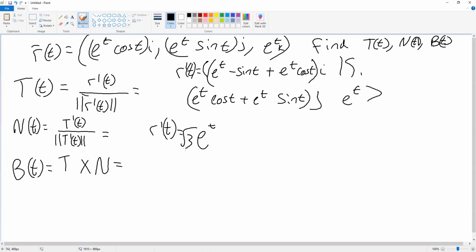So do you need me to show you the steps? Well, there's gonna be a sign for cosine, times into the one, e to the t, and then the last one's just gonna be e to the t squared times 1. So without doing calculations, it's just gonna be square root of 3 e to the t, right? Does everyone see that? I think you mistook the square root of e to the 2t. The square root of e to the 2t is e to the t.